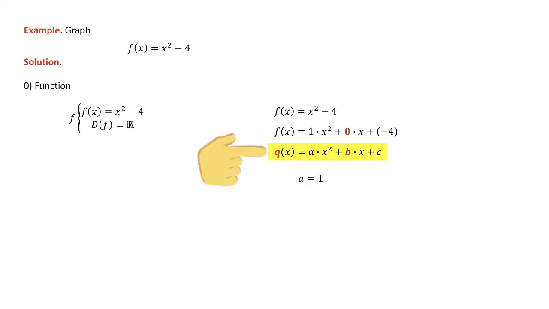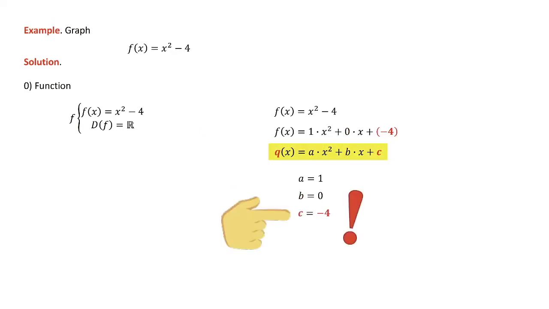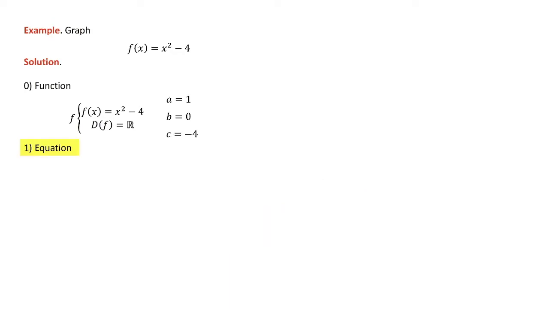Then b is 0. We had to add that to put it in the right template. And c is minus 4. Here I put the plus in, so it's minus 4. So it's obvious there. We have the coefficients, so I know I have a quadratic, and I have the data. And if I need to use the quadratic formula, I have the data.